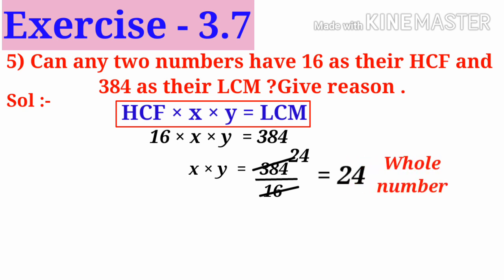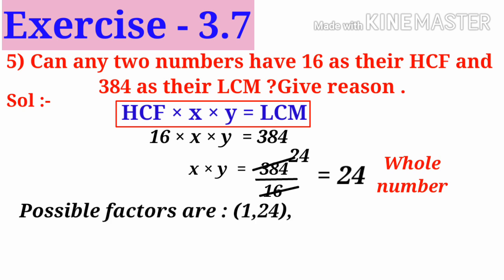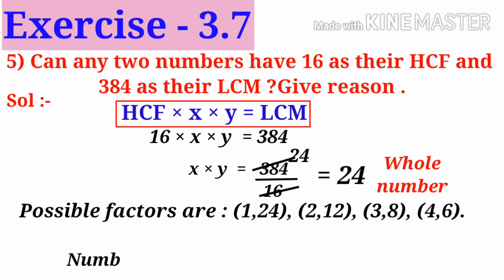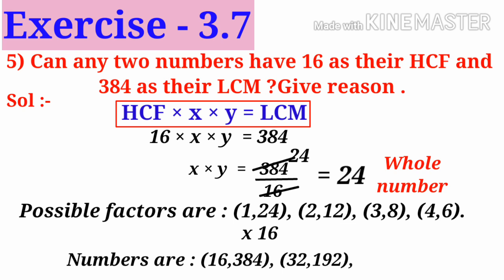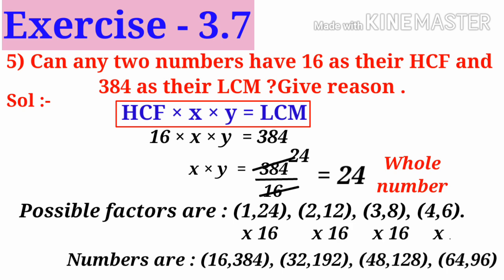So it is a whole number. So we can express it as a product of two numbers. So possible factors are 1 and 24, 2 and 12, 3 and 8, 4 and 6. So by multiplying with 16, we get the numbers are 16 and 384, 32 and 192, 48 and 128, 64 and 96.